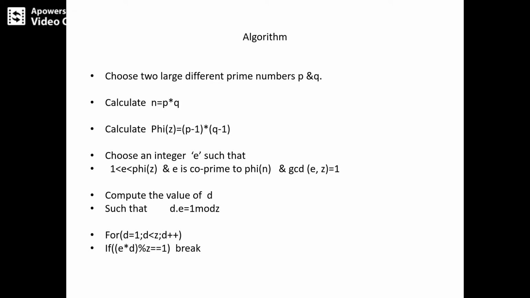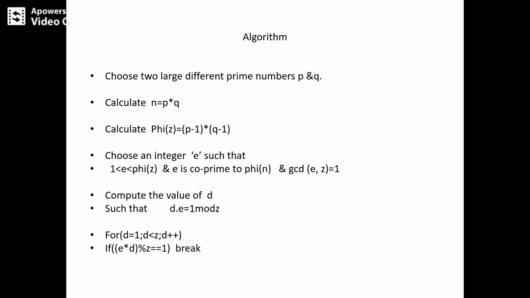The integer we select should satisfy the following conditions. e should be greater than 1 and less than (p minus 1) times (q minus 1), that product, phi of z. Another condition is that e is co-prime to phi of n.